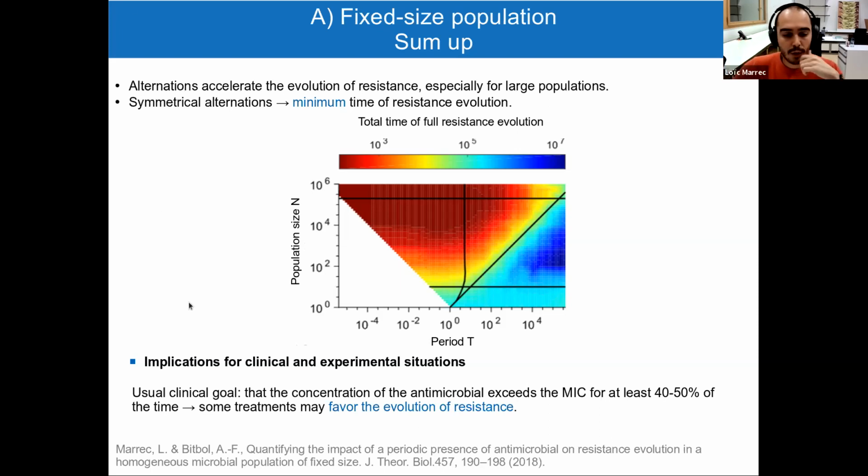Okay, and so this has some implications for clinical and experimental situations, because, for instance, we know that the concentration of drugs exceeds the MIC, which is the minimum inhibitory concentration, for at least 40–50% of the time. So in practice, some treatments may favor the evolution of resistance. Okay.